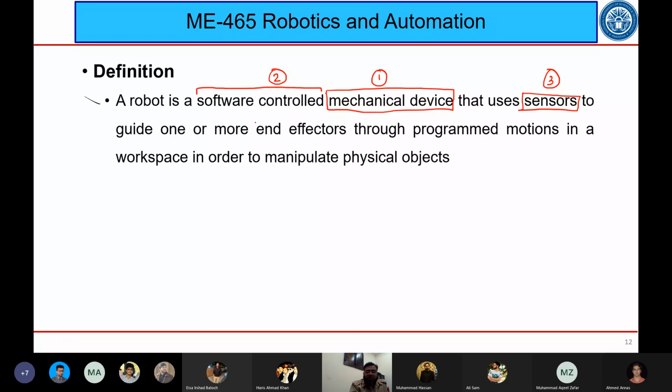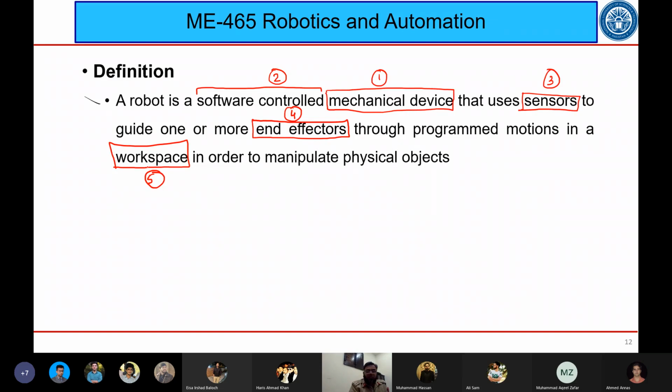And what else does it control? It controls an end effector. And then the motions: how are they controlled? These are the programmed motions, and these programmed motions come to you through software control, and it works in a workspace. So in a robot there is going to be a workspace. This is the fifth thing.